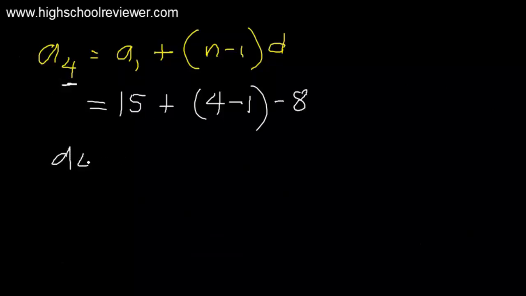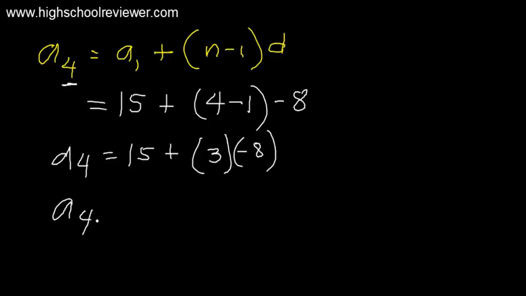So a sub 4 will be equal to 15 plus 4 minus 1, that is positive 3, multiplied by negative 8. Positive times negative is negative, 3 multiplied by 8 is 24, so negative 24. So we have 15 minus 24, which is equal to negative 9.